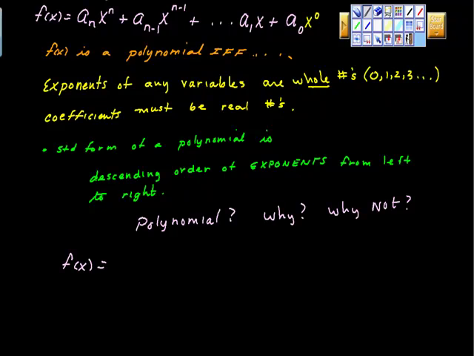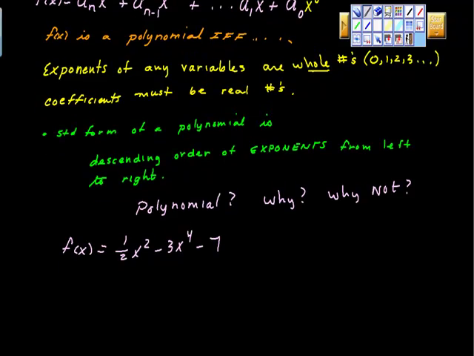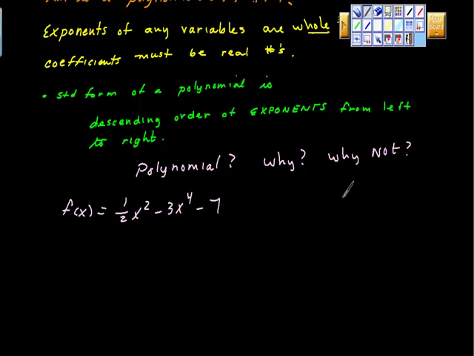F of x is equal to 1/2 x squared minus 3x to the 4th minus 7. Is f of x a polynomial function? Yes or no? Is this a polynomial function? Marion? It is, but what's the problem with it? Stefan? It's not in standard form, but it is a polynomial. How do we know that?